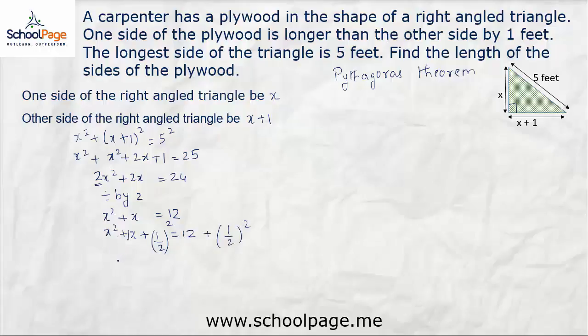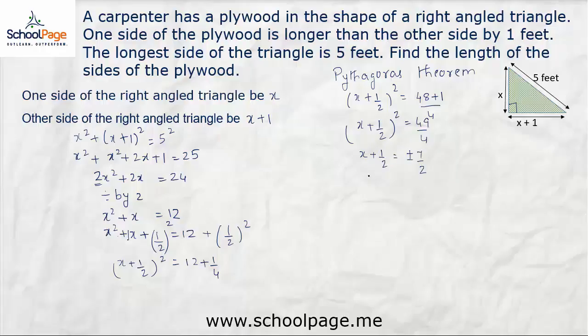Solving this further, we have (x + 1/2)² = 12 + 1/4. Now (x + 1/2)² is equal to, we take the LCM on the right side of the equation, so we have (48 + 1)/4. (x + 1/2)² is equal to 49/4. Now taking square root on both the sides of the equation, we have x + 1/2 is equal to plus or minus 7/2.